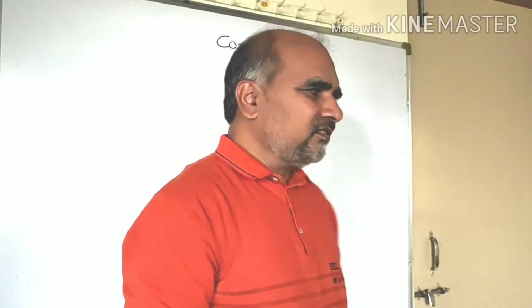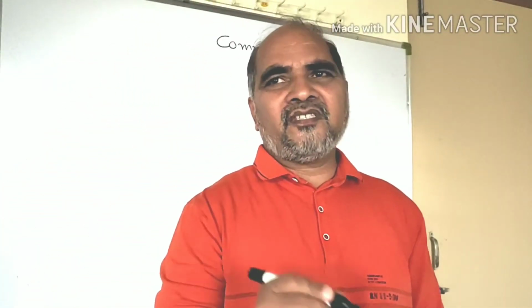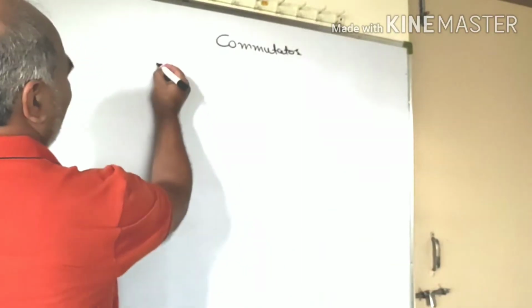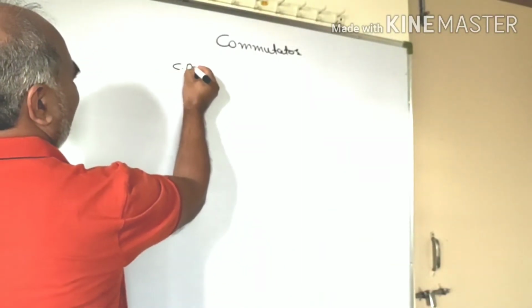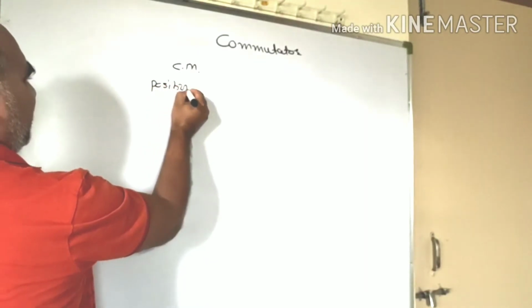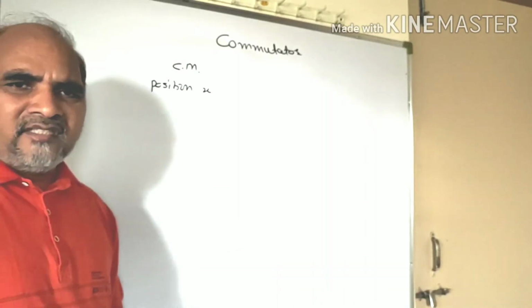Okay, first we see what this concept is, and for that we look at measurement classically first, and then see it in terms of quantum mechanics. In classical mechanics, position is denoted or measured in terms of x.